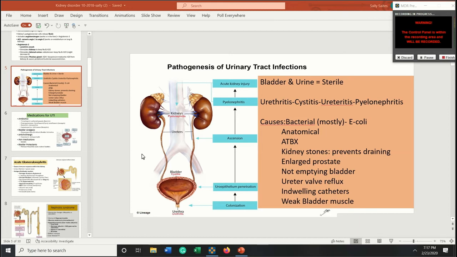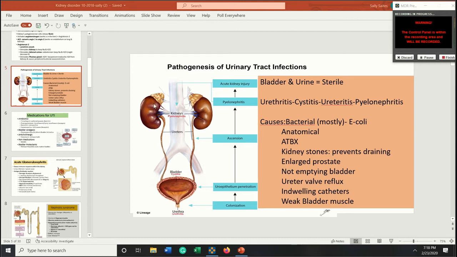Okay, so this is one of our first disorders, urinary tract infections. They're classified by their location in the kidney system. UTIs in the urethra are called urethritis. In the bladder, it's called cystitis. In the ureters it's ureteritis, and in the kidneys it's pyelonephritis.